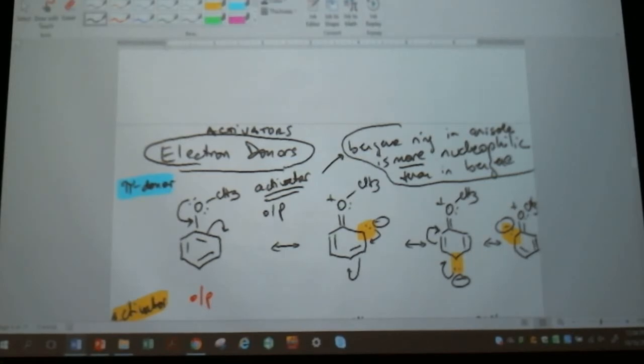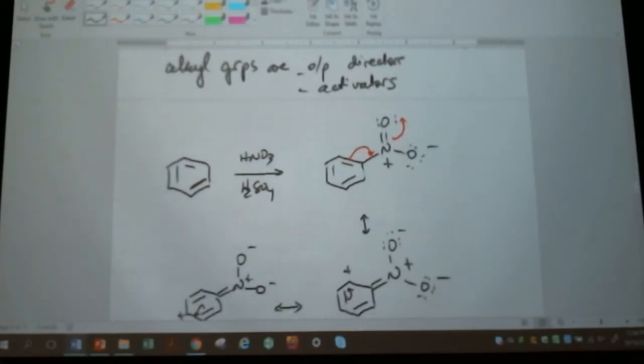So this ring will react faster than benzene. When I'm taking electrons away from the ring, I'm making it less reactive than benzene.